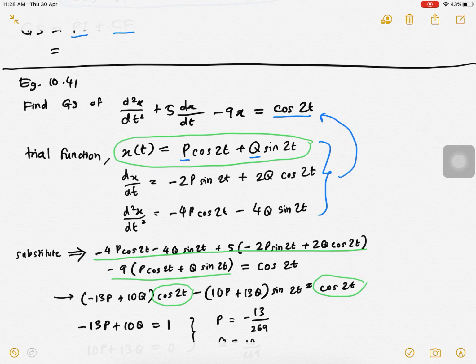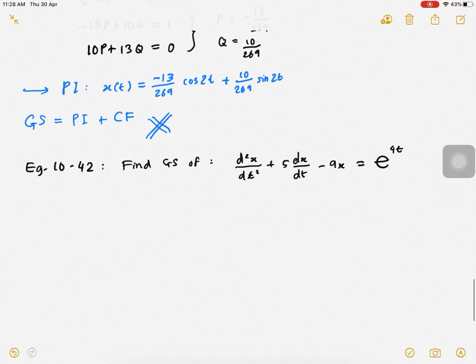Again, like the previous example, the first step is to find the trial function. The trial function is based on the function form at the right hand side. So whenever we have exponential at the right hand side, the trial function is pretty simple: x is equal to P e power of 4t.